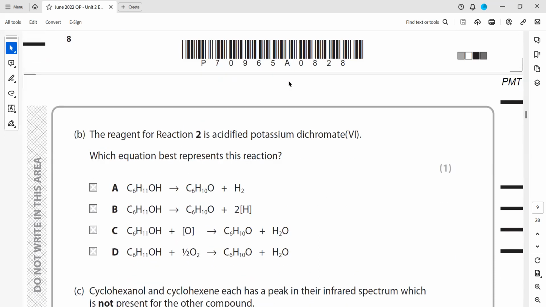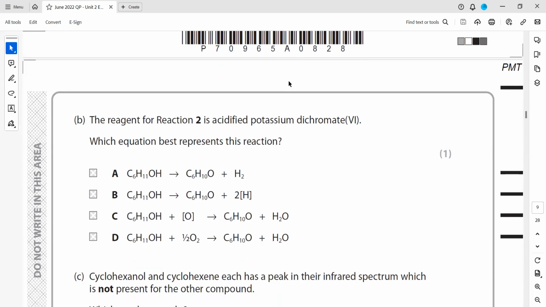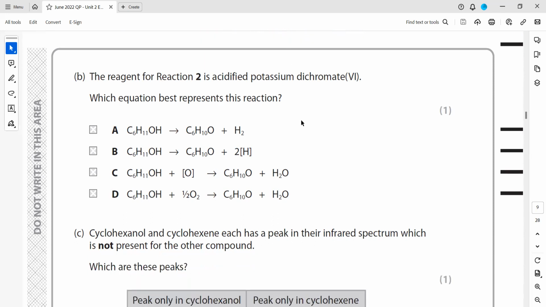Which equation best represents this? There is a difference: an oxidizing agent takes part in a reaction, a catalyst does not take part in the reaction. An oxidizing agent provides oxygen, and we represent the oxygen which is produced within the reaction by this symbol. So the oxidizing agent provides the oxygen needed for this oxidation to happen.